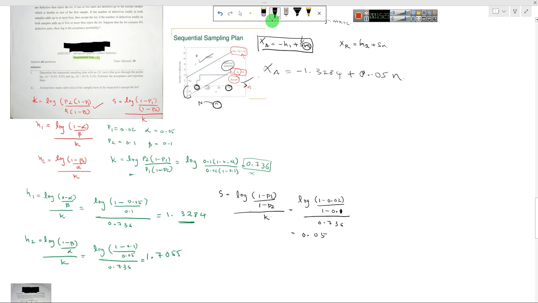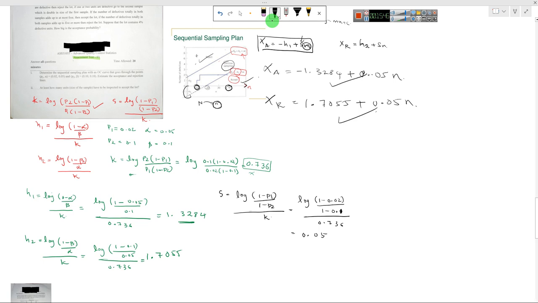So n is here x and this is y. So this is in the format of y is equal to mx plus c. Again, XR is equal to H2 we have already calculated, 1.7055, plus 0.05 into n. So these are the answers, right?